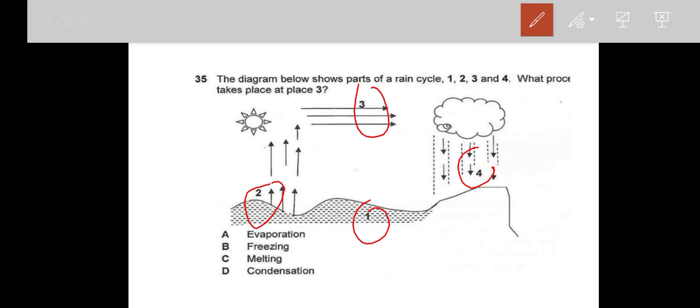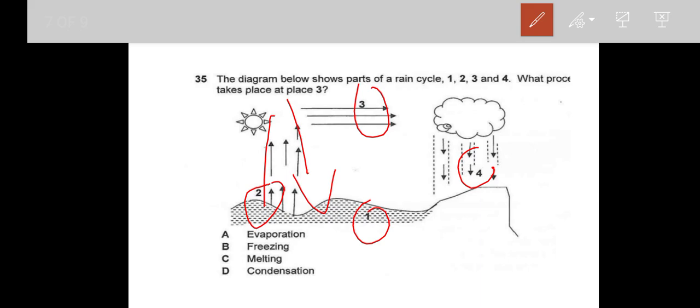So we've said the formation of rain. The gas which has been formed here through the process of evaporation has to be turned into a liquid through the process of condensation. So it goes there as a gas, then it has to come down as liquid. The process that is involved in the conversion of gas to liquid is condensation.